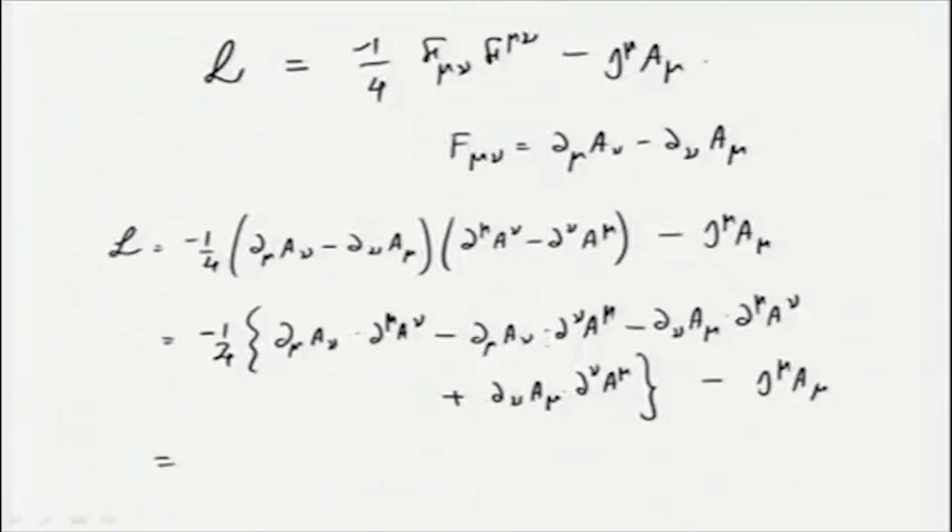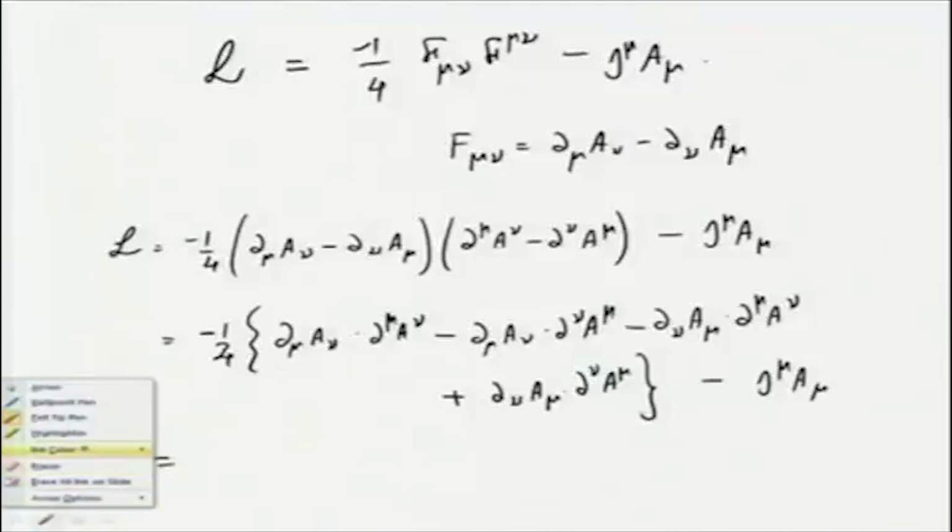Similarly, you will recognize that the second term and the third term, dou mu A nu dou nu A mu and minus dou nu A mu dou mu A nu, are the same. When you have dummy indices like this, you could change the upper and lower indices without changing anything. You will see that they are the same. I will leave that as a small exercise for you to raise everything and recognize that they are the same.